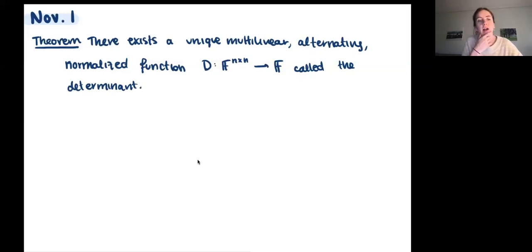Okay, and at the end of lecture last time, we also gave the following definition, just to remind you.